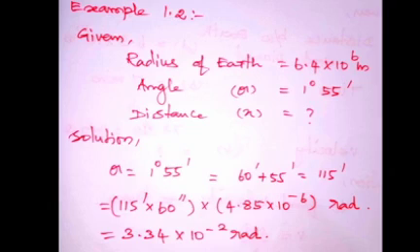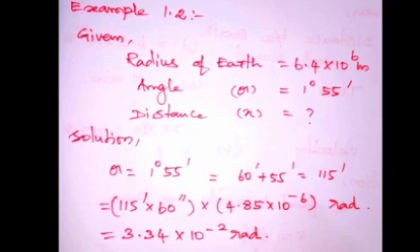See the solution. Since theta equal to 1 degree 55 minutes, 1 degree equal to 60 minutes. Okay, so we have to add the values. We get 60 minutes plus 55 minutes, that is 115 minutes. Now this 115 minutes is converted into second. We have one constant value, that is 1 second equal to 4.85 into 10 power minus 6 radian.